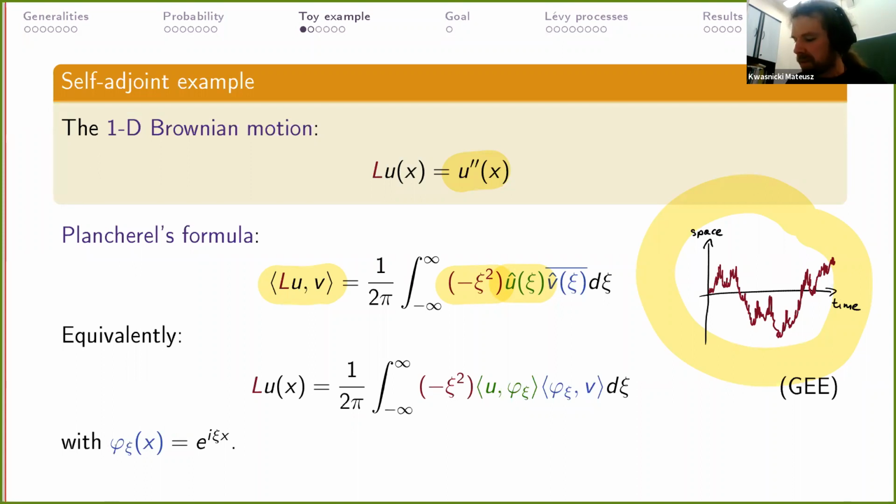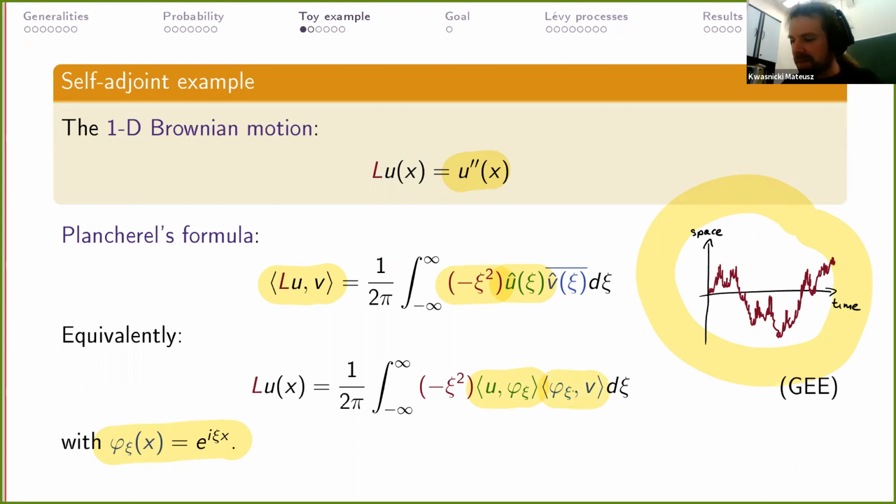If we define phi_xi(x) as the exponential of i xi x, then here we see the Fourier transform of u, which is just the scalar product of u with phi_xi. Okay, it's not the scalar product because phi_xi is not square integrable, but it's just the integral of u times phi_xi conjugate. And similarly for the conjugate of the Fourier transform, that can be written in precisely the way that we expected.